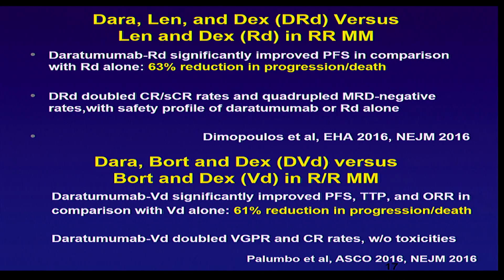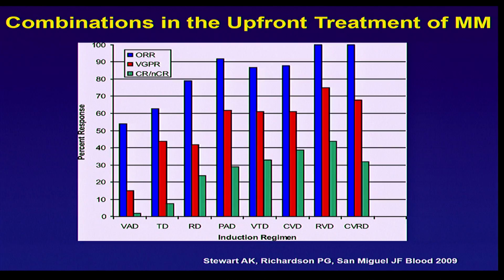And just within the last month, the FDA has approved daratumumab with both lenalidomide dexamethasone and with bortezomib dexamethasone, both in the New England Journal, based on a 2/3 reduction in the likelihood of progression or death. So this is not a small result, and very, very impressive. Now, in the theory of combinations, we like to put drug classes together predicated upon science.